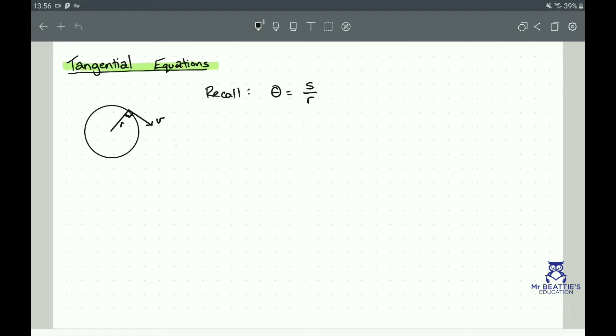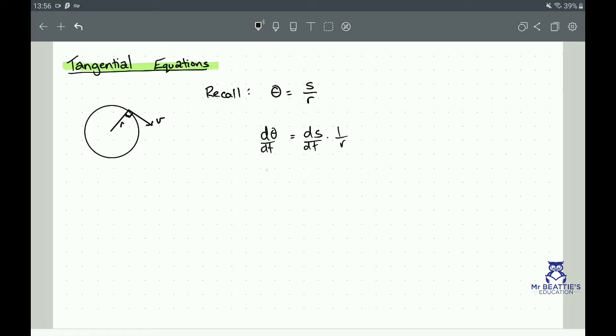Now, you'll recall from the last video that the angular displacement of an object, theta, is equal to its displacement around the circle divided by its radius. And so this relationship connects the angular and the linear concepts of displacement, theta and s. If we differentiate both sides of that with respect to t, you'll get d theta by dt is equal to ds by dt times 1 over r.